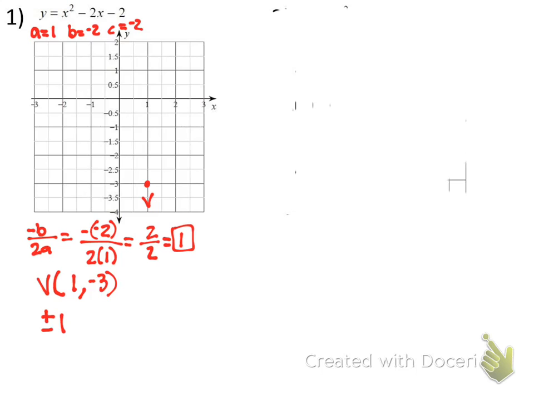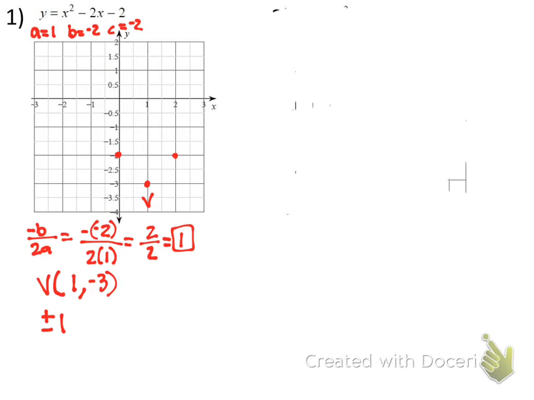We're not worrying about all this other stuff, just the first term. So if I go right 1, I go up 1, and if I go left 1, I go up 1. Does that make sense? All I did was plug in 1 into the first term. 1 squared is 1.